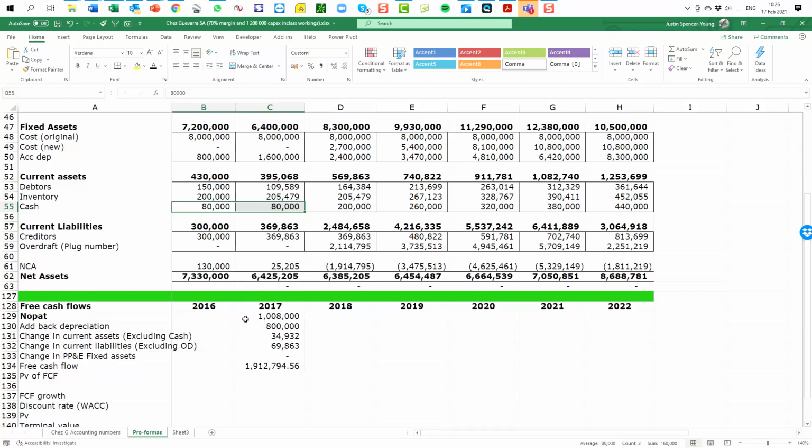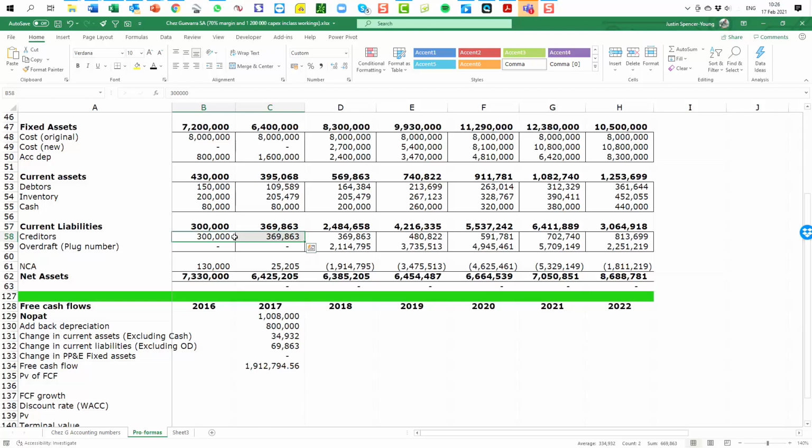Okay, so let's move on to the next component, the change in the current liabilities, excluding the overdraft. In this case there's no overdraft for those 2 years, but there definitely is a change in the creditors. And here the creditors is going up. This is in fact working in our favor from a cash flow point of view. Why is the creditors going up?